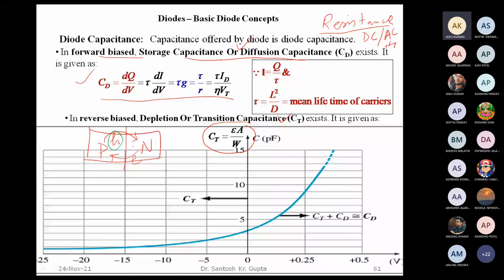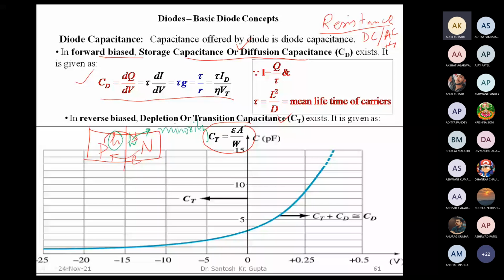In N type material electrons are in majority, and the holes which have been injected are treated as minority charge carriers once they enter the N type.